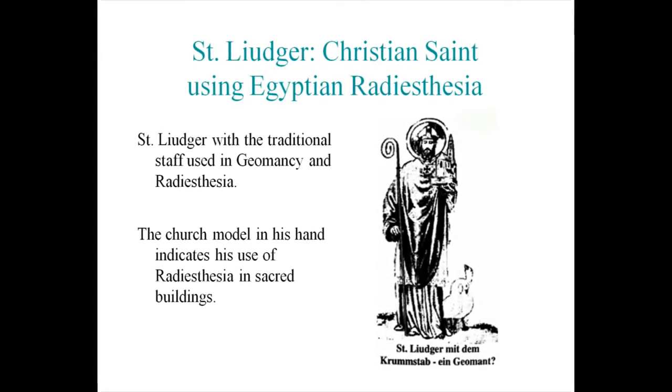receive and send energy. Although it's hard to see in this woodblock print image, if you look at the staff, there are small projections at different lengths of the staff.